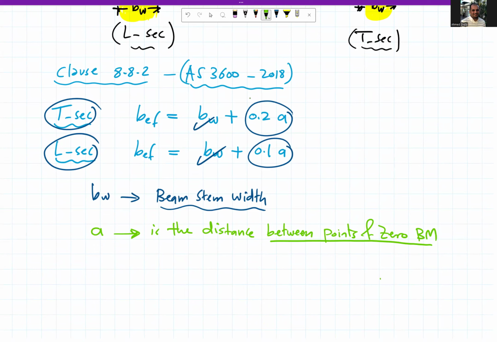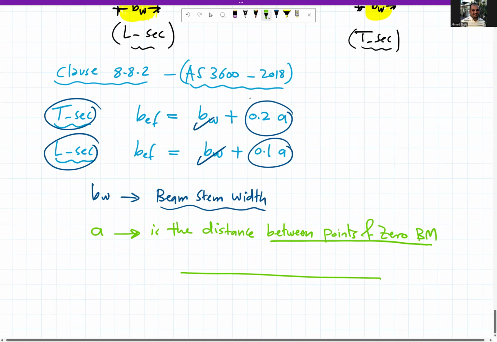Okay, which indicates that if this is our beam, for example, or if this is our slab and this is our supporting beam, the bending moment on the slab will be something like that.